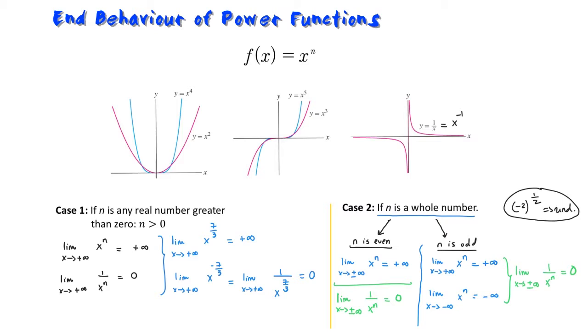Even if it's 7 over 2, which is 3.5, that means that as x goes to positive infinity, x to the 3.5 is getting very, very large, and so on. So just think of the graphs. That's why you spent so much time in pre-calculus last year studying the end behavior of polynomials, so that you can now in calculus use that knowledge easily to determine end behavior. So that will be my advice instead of trying to memorize these rules.